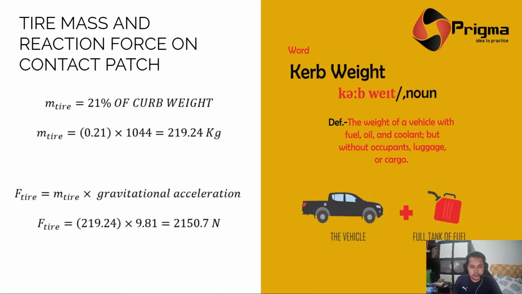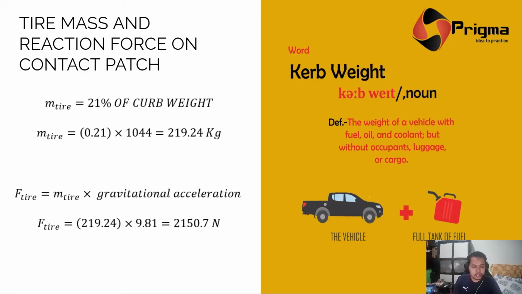It is the weight of the vehicle only. In this case, we take 1044 kilograms as the curb weight, based on the Honda specification book. Using the formula, 21% of 1044 kilograms is 219.4 kilograms, which is the mass of a single tire.